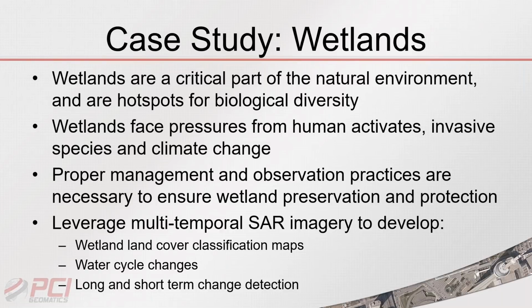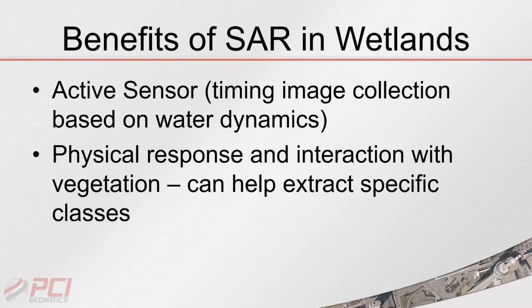So we can leverage multi-temporal SAR imagery to develop wetland land cover classification maps, water cycle changes, and long and short-term change detection. So the benefits of SAR data. Why would we use SAR imagery for the wetland feature extraction? Well, a number of reasons. First is it is an active sensor. That enables us to have consistent monitoring of the area regardless of the weather conditions.